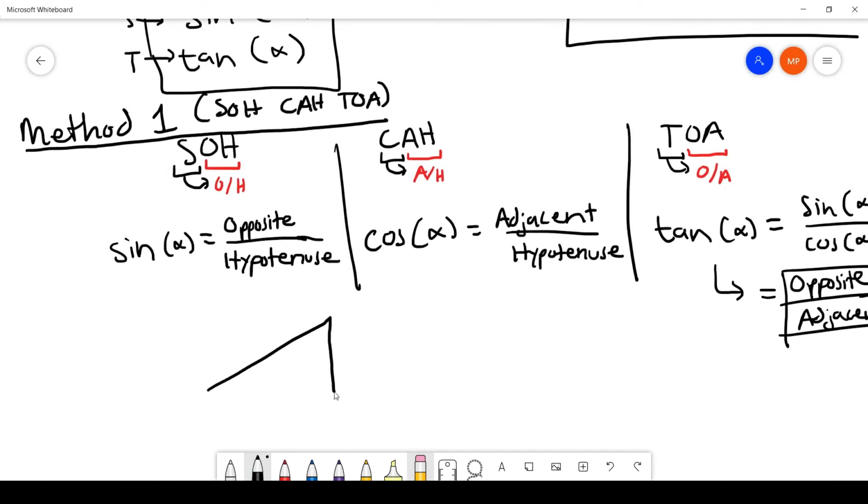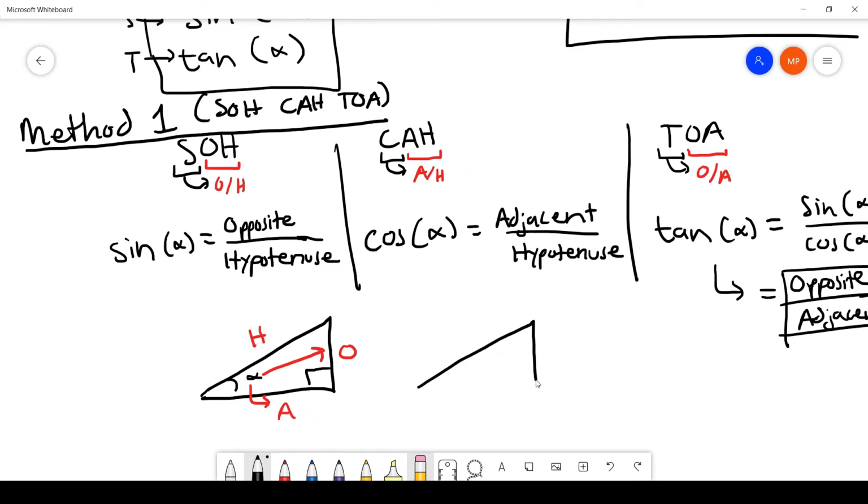And I'll also just note down here, if we have a triangle and we have this alpha here, then hypotenuse is always going to be the same, but looking directly across, this is our opposite, and then looking directly at the same side that isn't the hypotenuse, this is our adjacent.